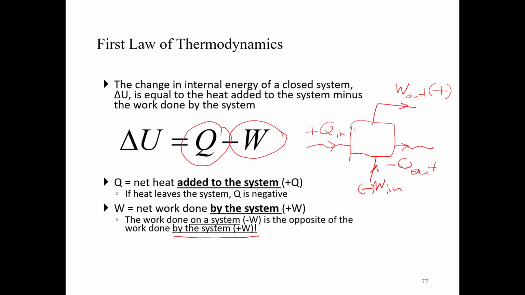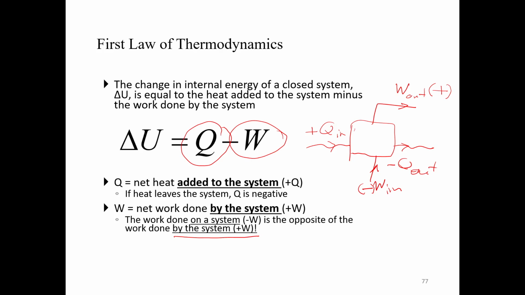Okay, now you have to remember these conventions, right? Why we are doing it like this is that what we want is for a system to take in heat energy and output work, right?